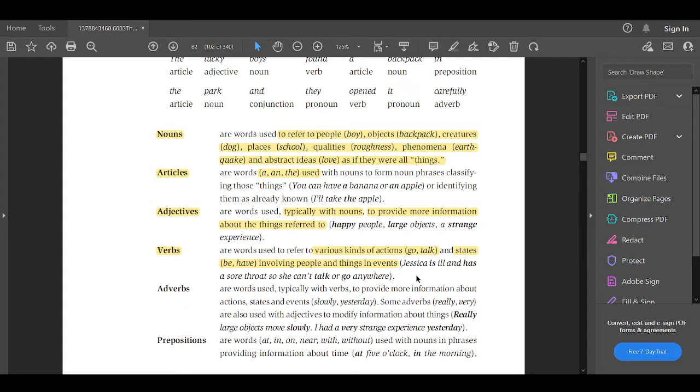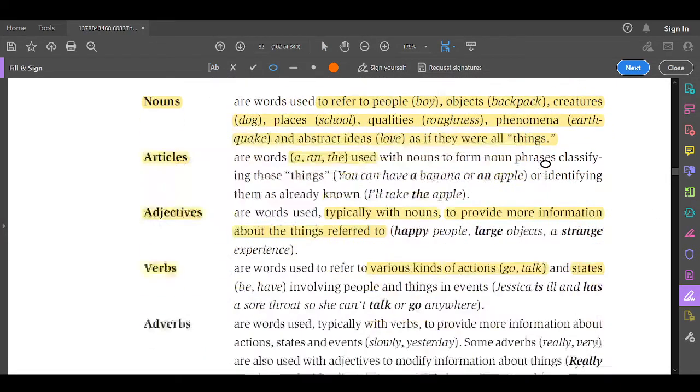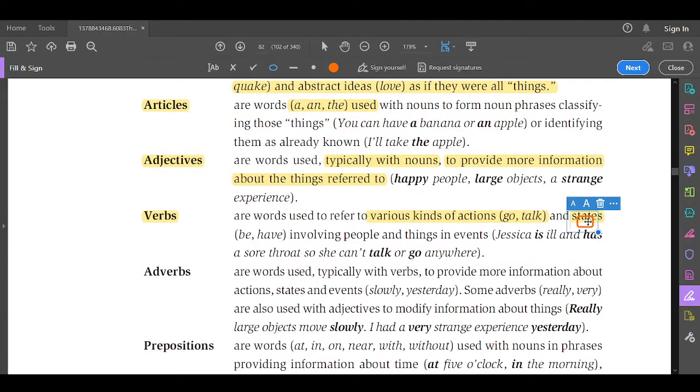See the difference here? Jessica is ill. That's a state. Has. Of course, everyone knows an action, but when we talk about states, we mean what? Like is or has here.